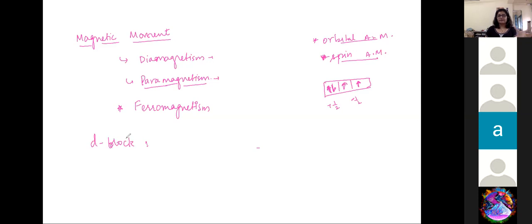Like 5 types of d orbitals? Do you remember? dxy, and dxz was one. dyz was one.